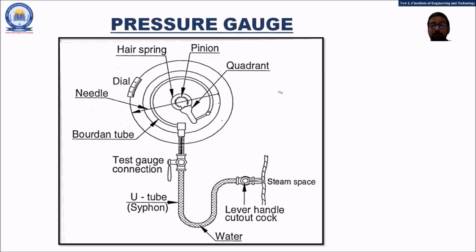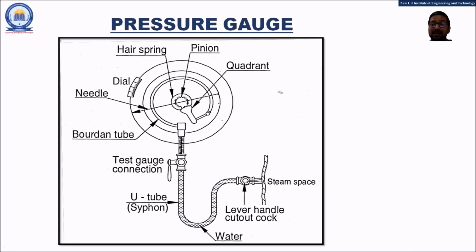This U-tube siphon pipe will straighten by the effects of the pressure of the steam. The movement of the U-tube siphon pipe will be taken by the Bourdon tube. The Bourdon tube, the C-type Bourdon tube, will try to move in the outside direction.